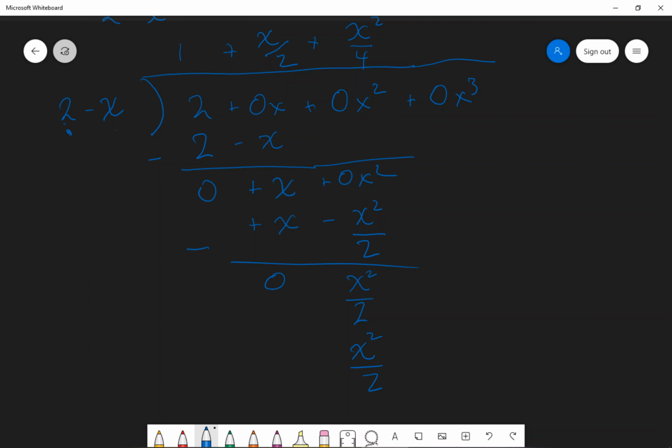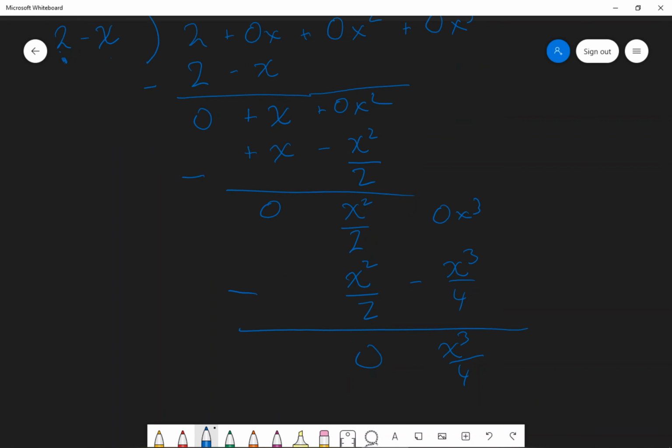And then x squared over 4 times negative x is equal to negative x to the 3 over 4. When you subtract, you can bring down the 0x to the 3 here. You end up with 0, and then you get 0 minus negative x to the 3 over 4, which is x to the 3 over 4. And the same thing happens.